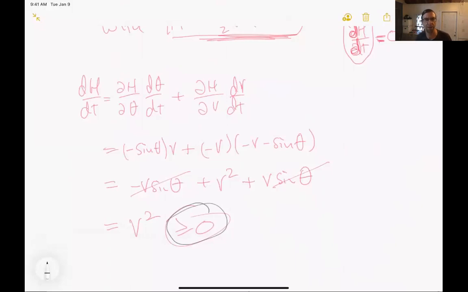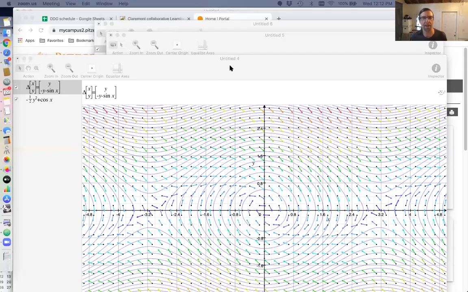Okay, so let's go back to this graphing program. Sorry for switching back and forth. Maybe it's more interesting for you guys if I keep switching back and forth, keeps you awake, right? Here was, again, the picture of this modified system where we added the friction component. And we're comparing that to the level curves.